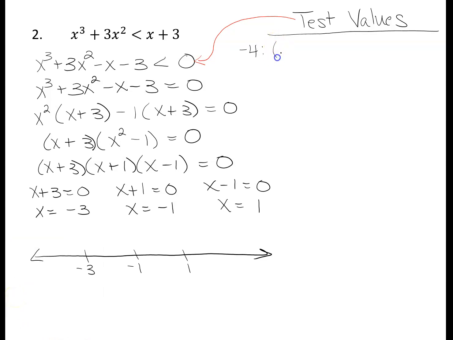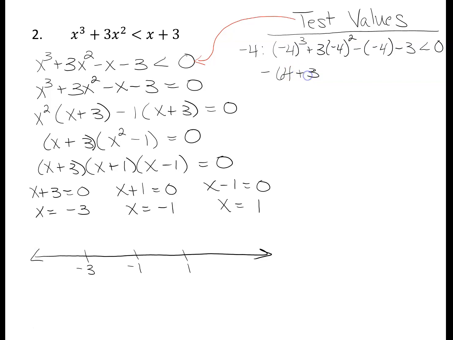All right, so we're going to have -4 cubed plus 3 times -4 squared minus -4 minus 3, and then less than 0. Okay, so a negative cubed is still going to be negative. 4 times 4 times 4, so -64.